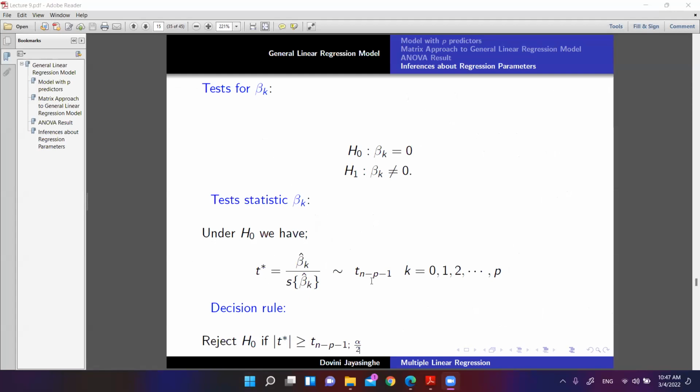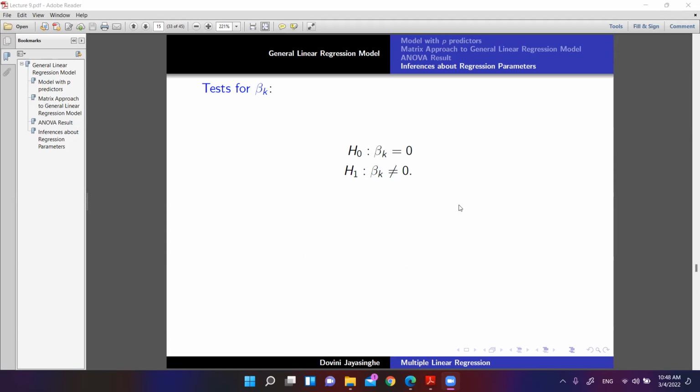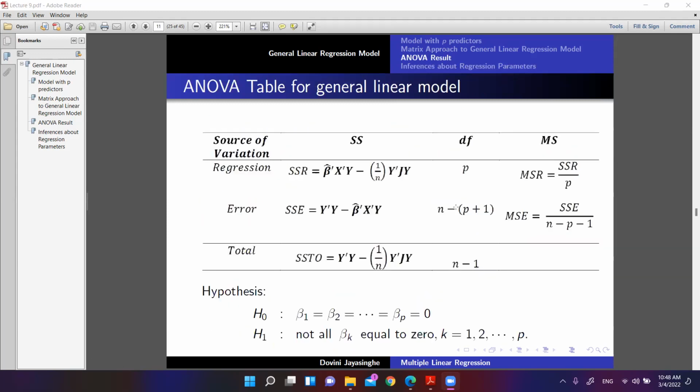They say this quantity follows a t distribution, so it's going to be a t-test. Reject H naught if this computed value is greater than or equal to this value. So you can perform this test individually for all the beta k that you have, one at a time. Here we did everything at the first time, right?